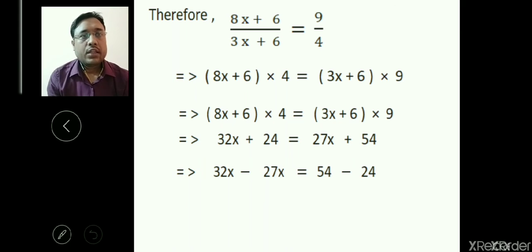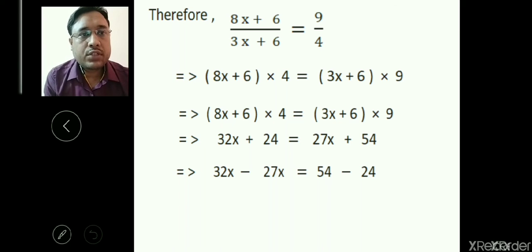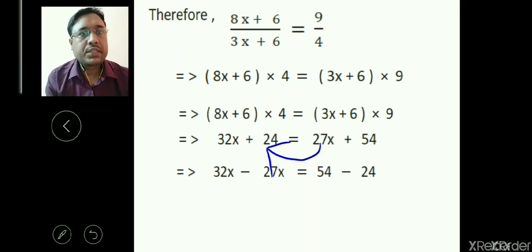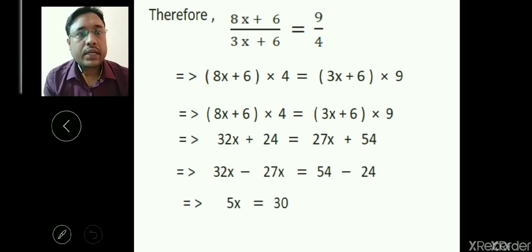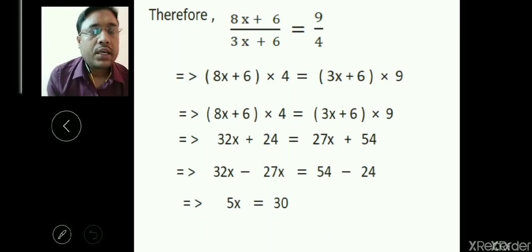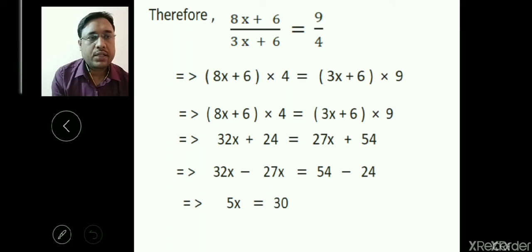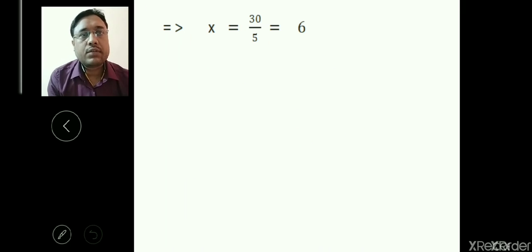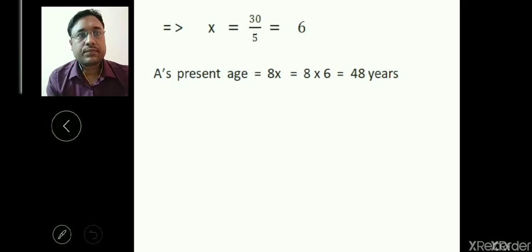Then this 27x you take on the left side, and this 24 on the right side with its sign changed, that is minus 24. So 32x minus 27x equals 54 minus 24. So 5x equals 30, that means x equals 30 by 5, you will get 6 here.